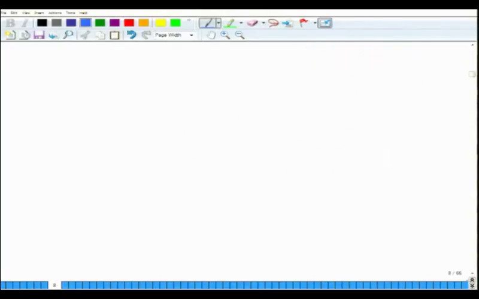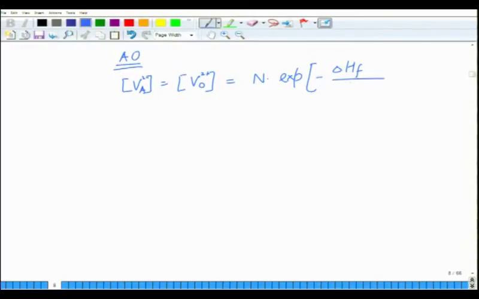For Schottky defects, ionic defects, the equation will change a little bit. Since you have vacancy, let us say vacancy of A is equal to vacancy of O, for an AO solid, so this would be 2 minus, this would be 2 plus, and this is basically total number of sites N exponential of minus delta Hf, which is the enthalpy of formation of vacancy, divided by 2kT.